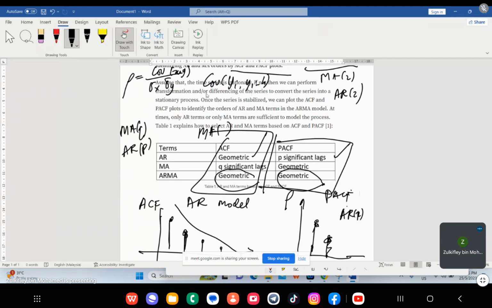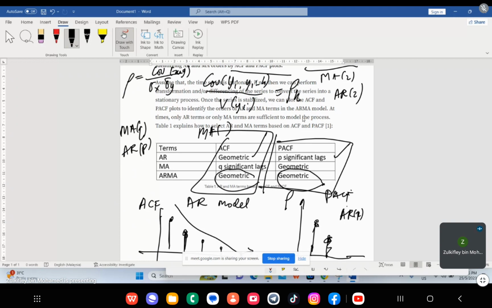And this one is just put a variance of Y_i. Sebab variance of Y_i and variance of Y_i minus 1 benar sama. So rho of h is a covariance of Y_i minus h divided by variance of Y_i. From here, you can get the autocorrelation function.